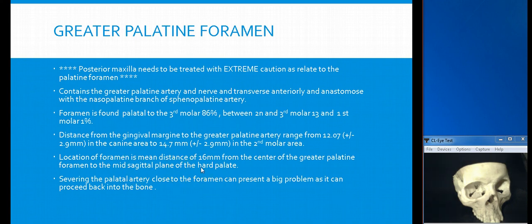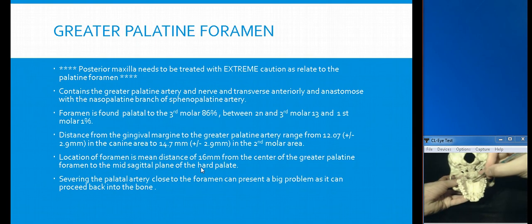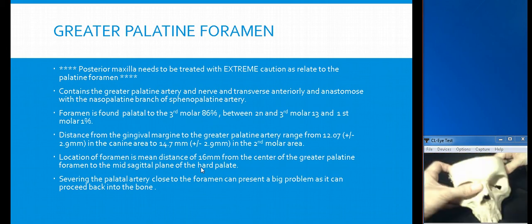So what they're trying to say here is that if you're looking at the mid-sagittal hard palate, another way to measure would be to take a straight line at the third molar area and go about 16 millimeters. And that's where the greater palatine foramen is going to be. So from the mid-sagittal plane, you have about 16 millimeters in either direction where the greater palatine foramen is going to be.